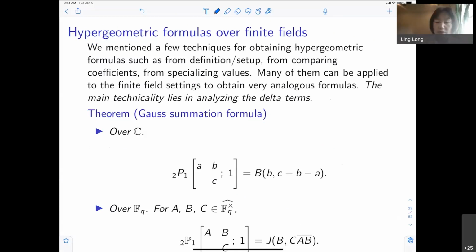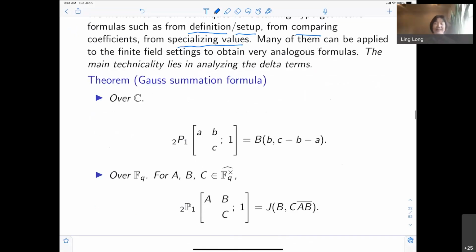Yesterday I briefly mentioned that some of the formulas over the finite field can be defined in terms of either definition or setup, from comparing coefficients, or from specializing values. Some of this technique you can generalize immediately from the setting over C to the finite field setting. I think today I'm skipping a lot of pages, but anyway.